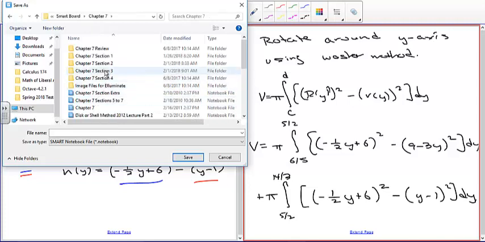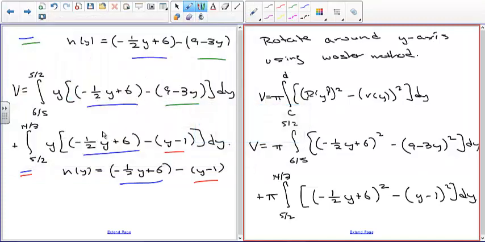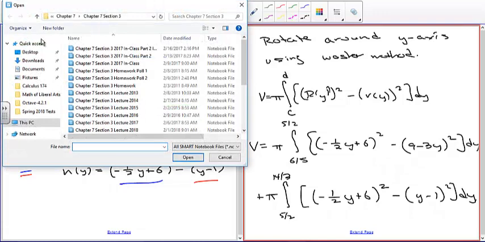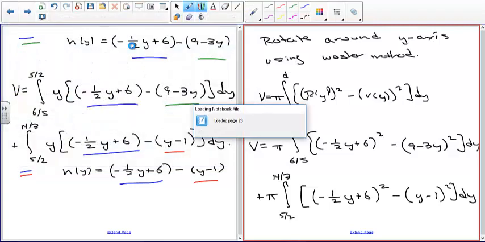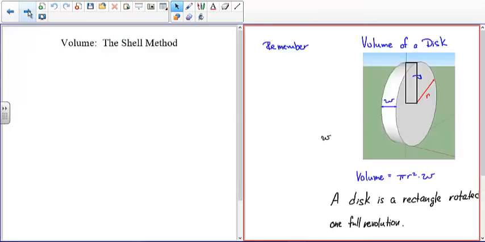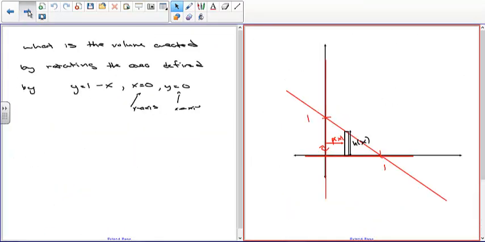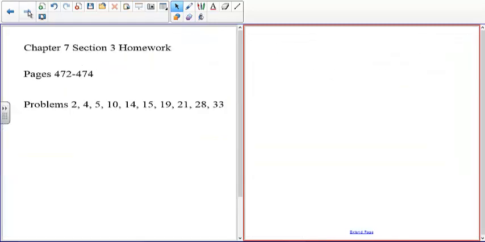Okay, so let's say this is in class 2018. Let me open up. I think I've assigned section 2 homework. I hope I did. If I didn't, let me know and I'll give it to you. But there it is.